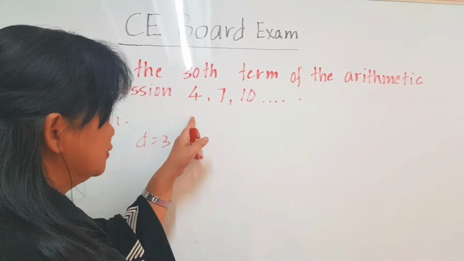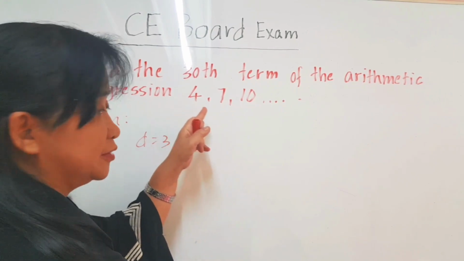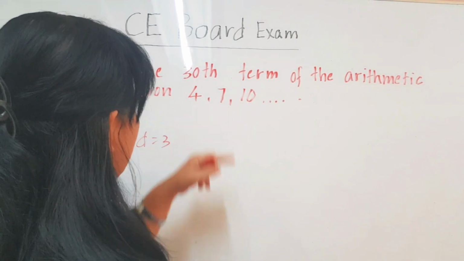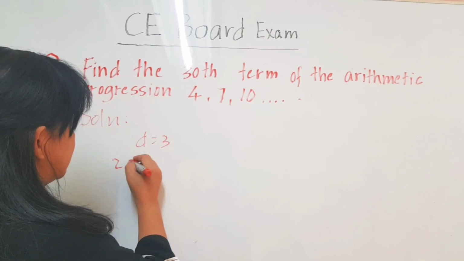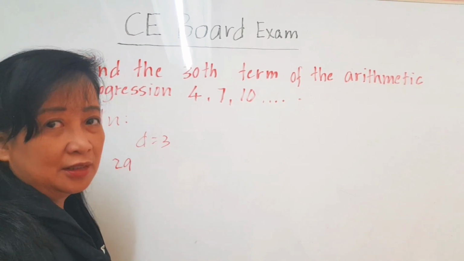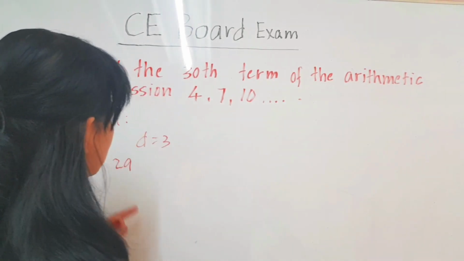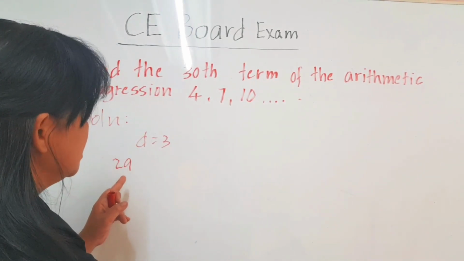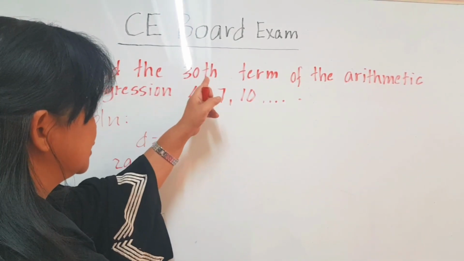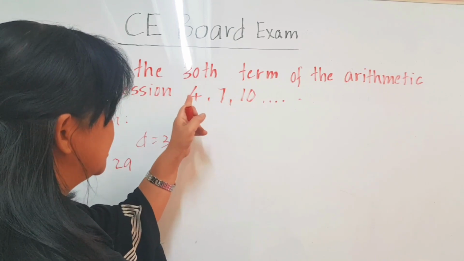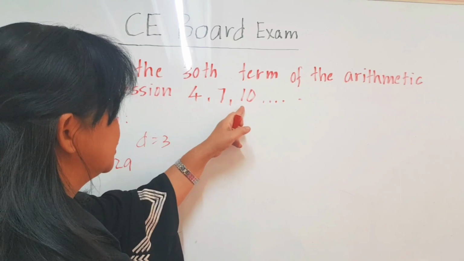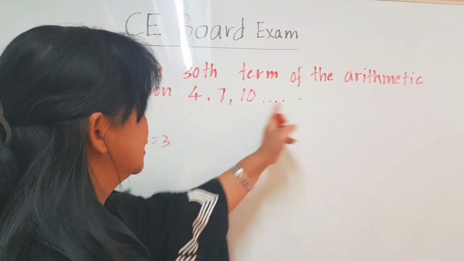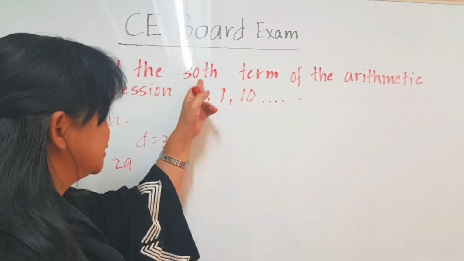So how many times till you reach the 30th term? Of course the constant difference will be added 29 times. This is like, for example, the first term, the second term, the third term, and so on till the 30th term.